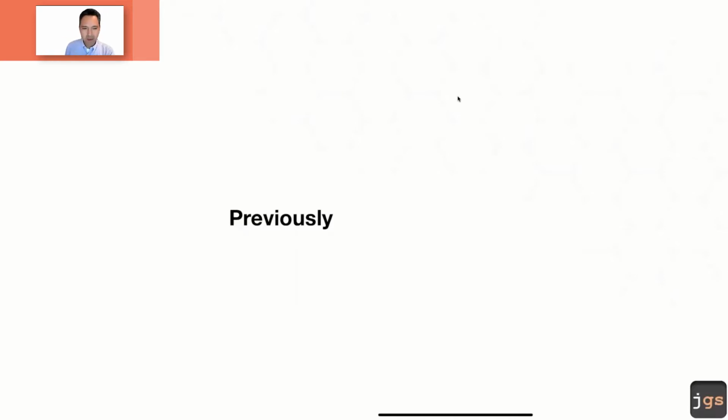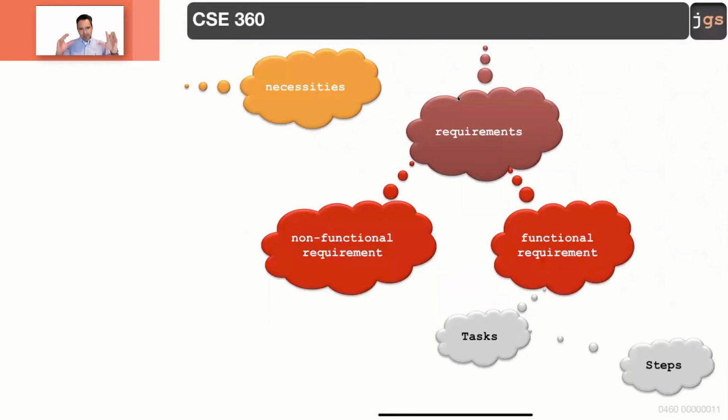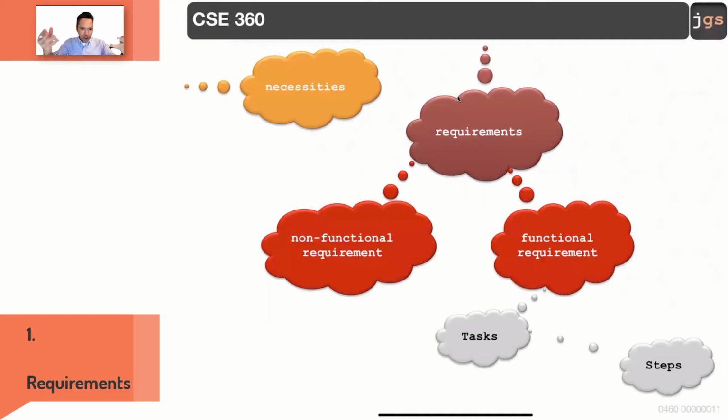So let me put the big picture. This is something that I assume you know, but something that I want to do in the first weeks is to be sure that you really know what I expect you to know. So number 1, in 360, you learn what is a requirement, something that I talked about in the previous lecture quickly.